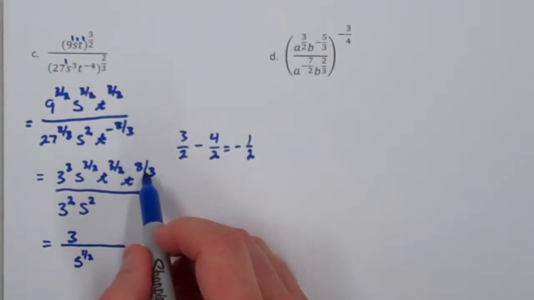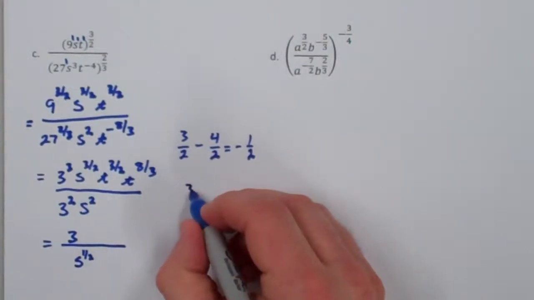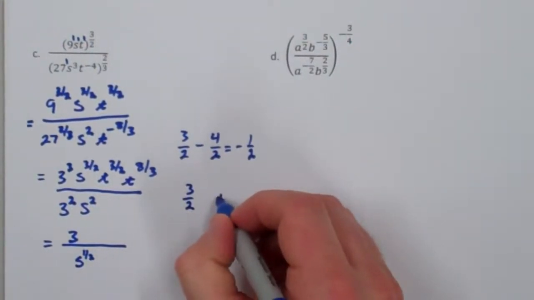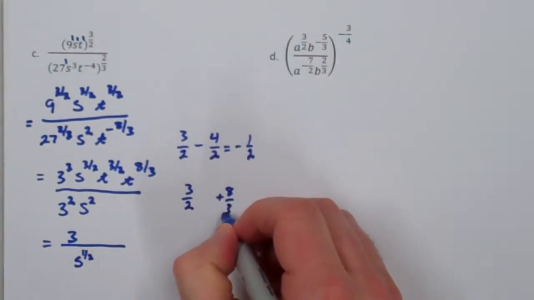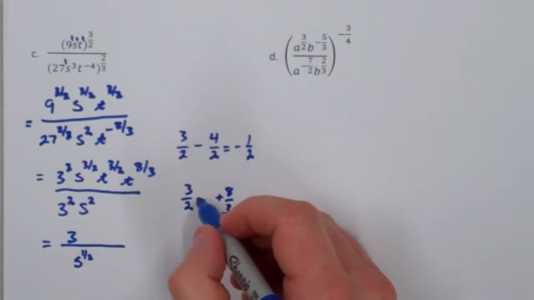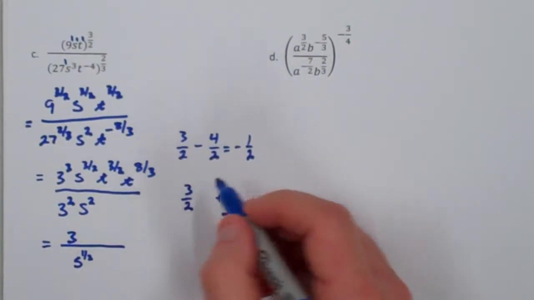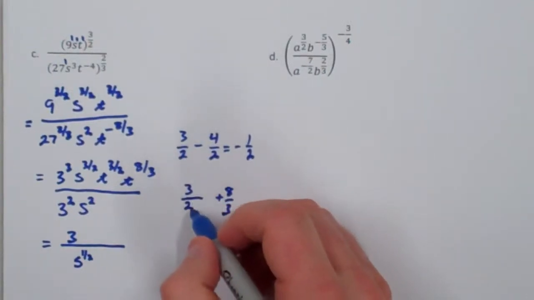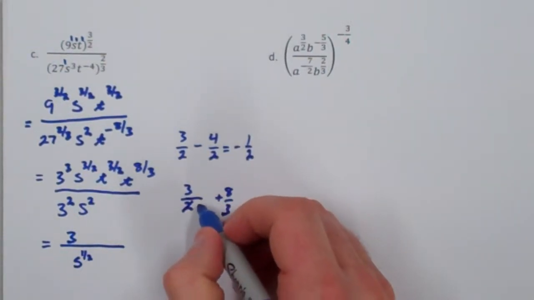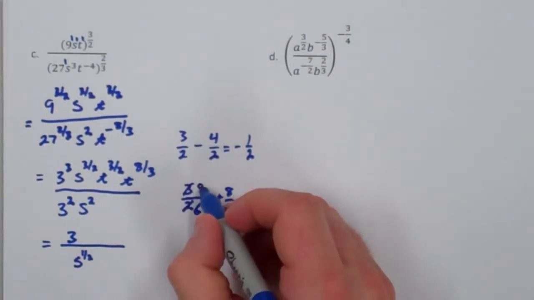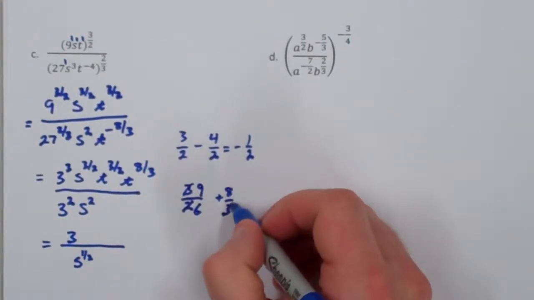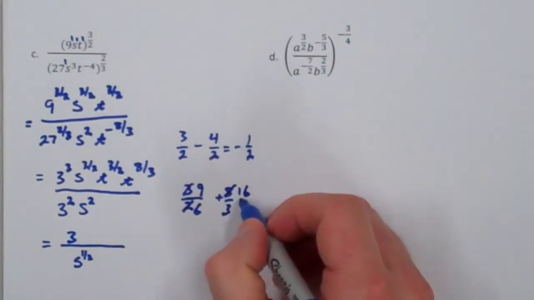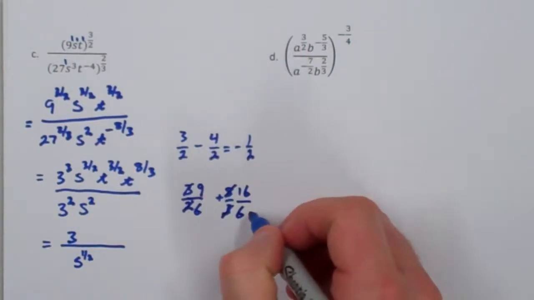T to the 3 over 2 and the 8 over 3, we're going to have to add 3 over 2 and 8 over 3. Well, 3 over 2 can be rewritten as, we're going to have to multiply this by 3, so that's 6, and that's 9. And then we're going to have to multiply this one by 2 over 2, so that would be 16 over 6.